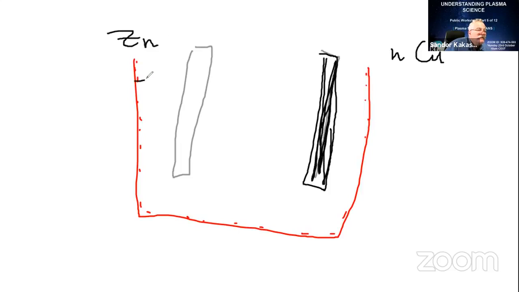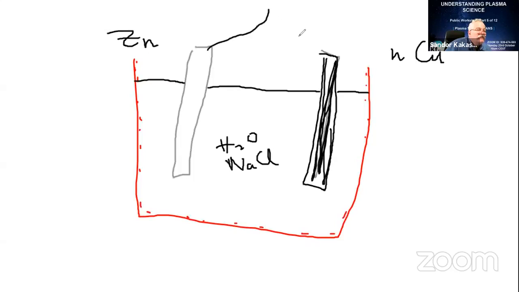Then you have your saltwater environment. You have here water and sodium chloride. And then you have your connections, and let's say you use an LED for reducing the currents.